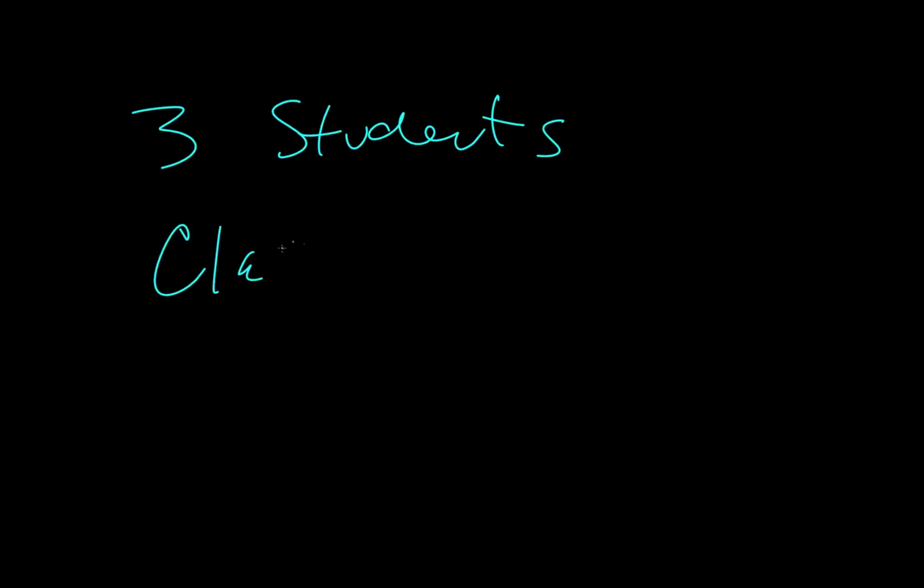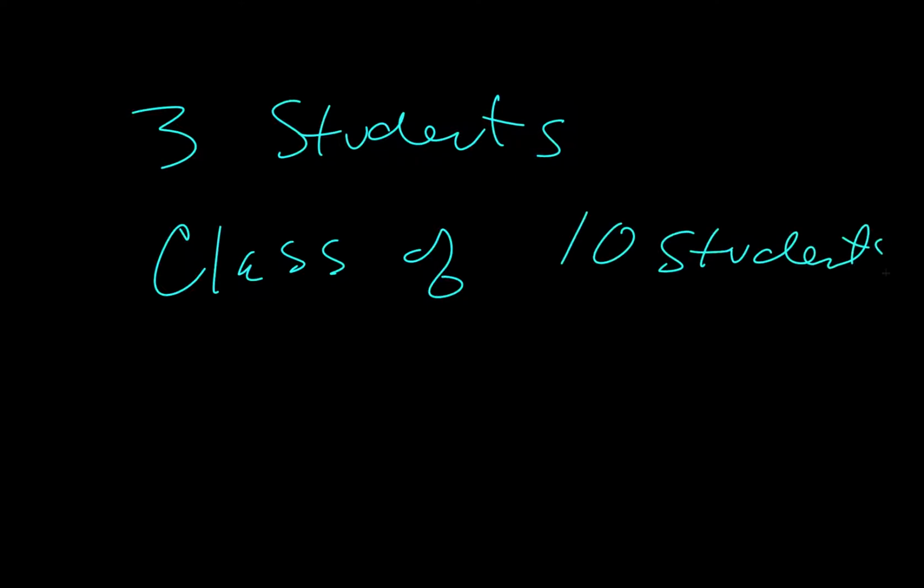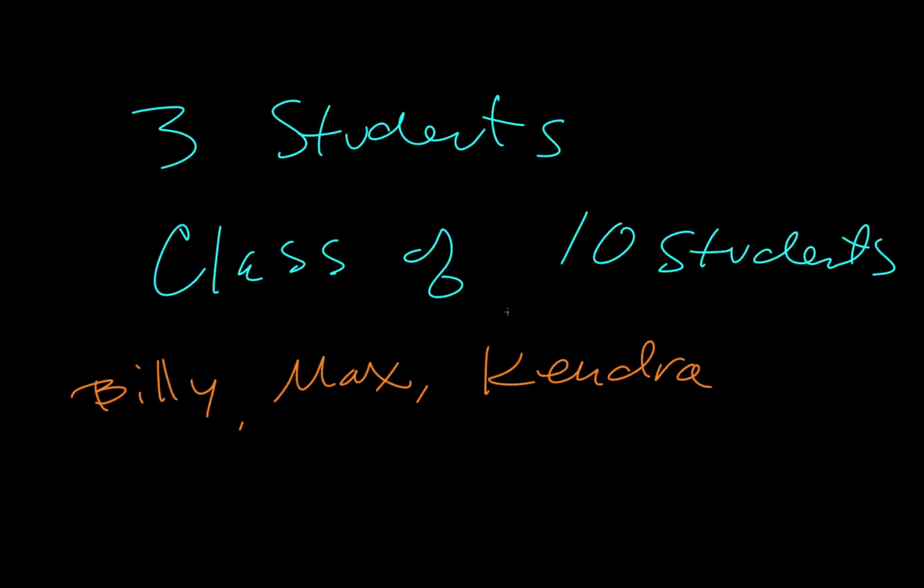Let's see. How many ways can 3 students be chosen from a class of 10 students? So in this case, if we choose Billy, Max, and Kendra, that's the same.